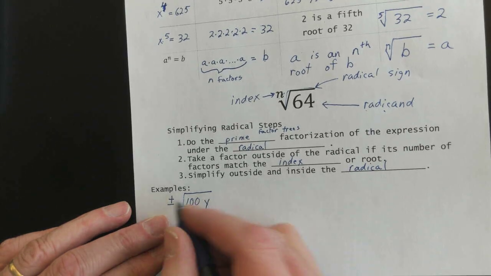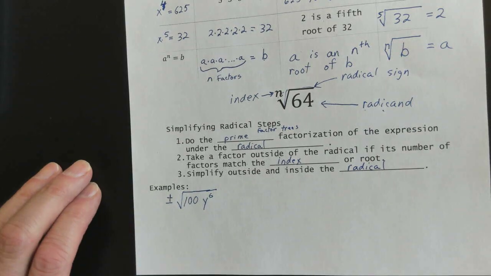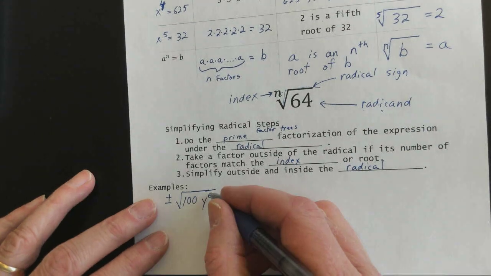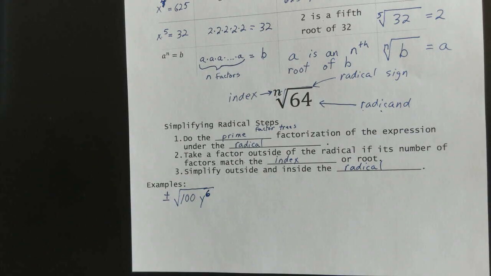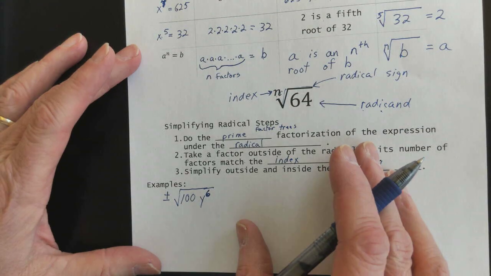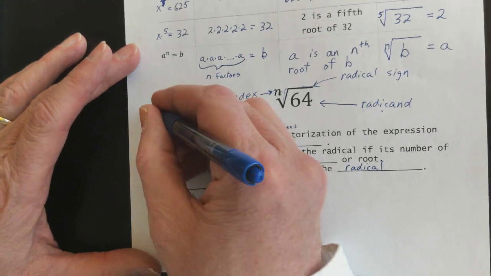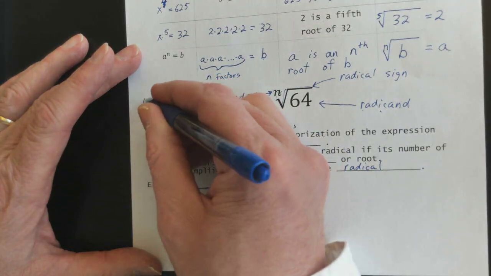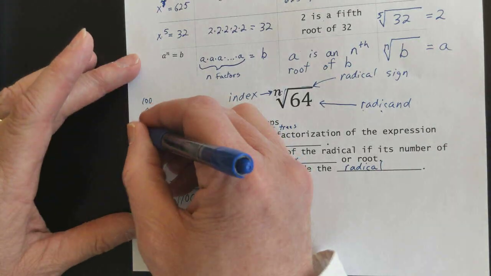Example 1. Let's take plus or minus the square root of 100 y to the 6th. Now, I said do the prime factorization. What times what is 100? 10 times 10.